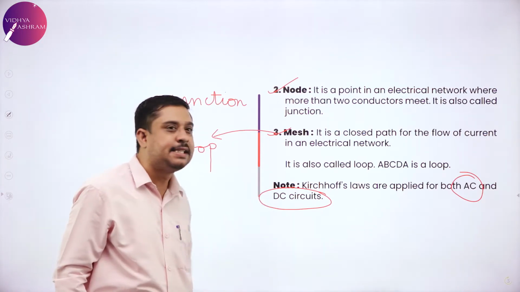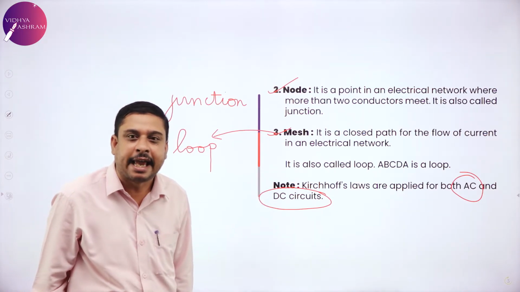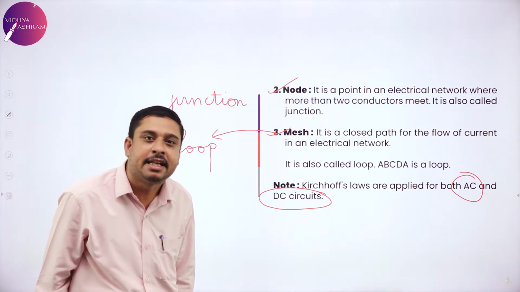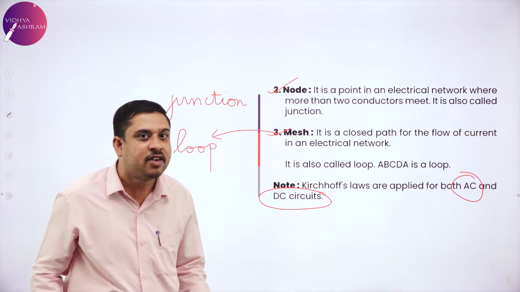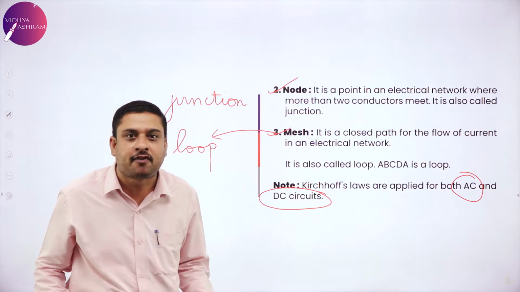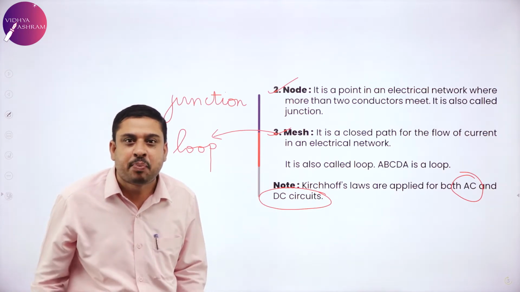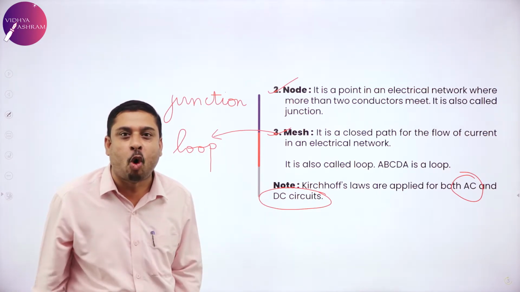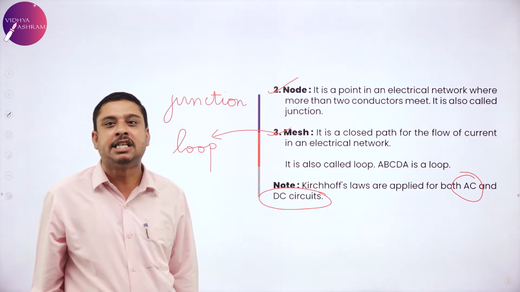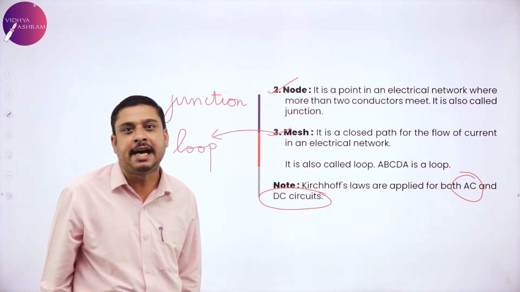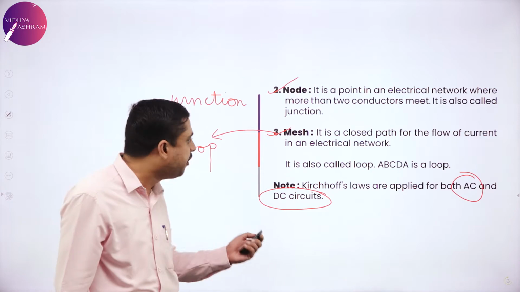A DC circuit, yes, again I can apply Kirchoff's laws. So have a thought in mind: Kirchoff's laws are applicable to both AC as well as DC circuits. Now, continuing further.